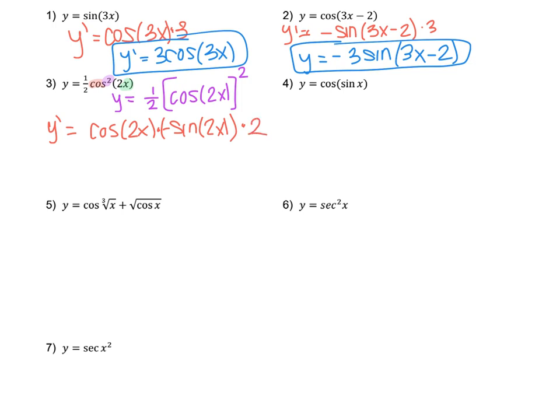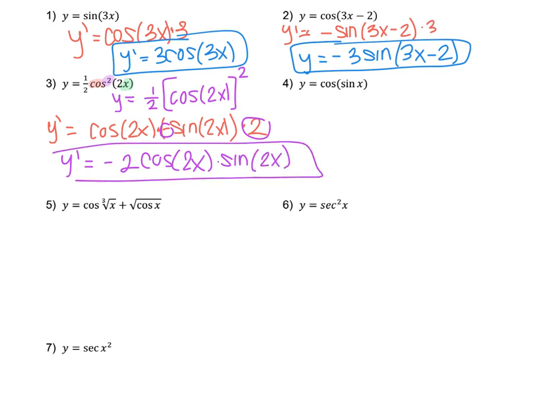So we've taken the derivative kind of 3 times. Then when I simplify this, I can just bring this 2 and this negative out front. So this negative and 2, those are coefficients. So y prime equals negative 2 cosine of 2x times the sine of 2x. Notice those inside functions stay the same until I take the derivative of them.